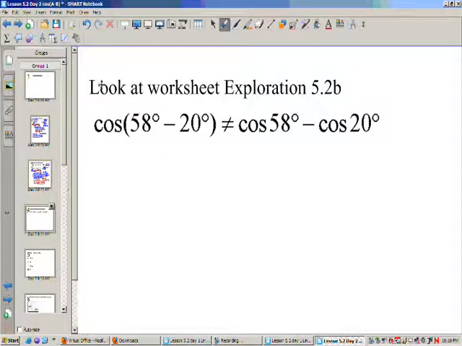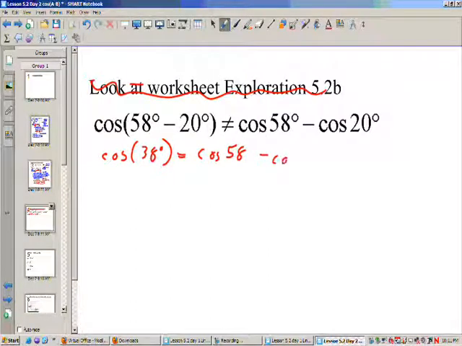Now, we don't need an exploration. We can just look at our calculator. Take the cosine of 58 minus 20, which is 38, and see if that equals the cosine of 58 minus the cosine of 20. I'll put a question mark on that equal sign. Well, the cosine of 38 degrees is 0.7880.